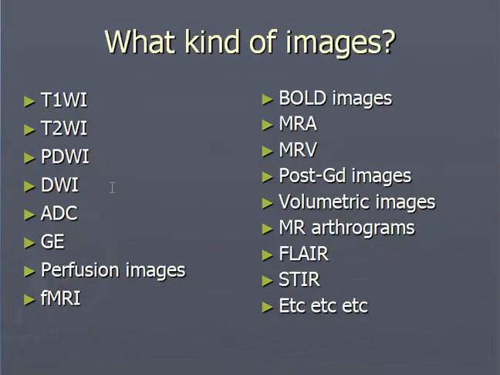Now, what kind of images can be obtained with MRI? T1 weighted images, T2 weighted images, proton dense images, ADC, GE, gradient recall echoes, perfusion images, fMRI, bold images, MR angiography, MR venography, and of course post-gadolinium images when the study is performed after the intravenous contrast of gadolinium, which is MR contrast media.